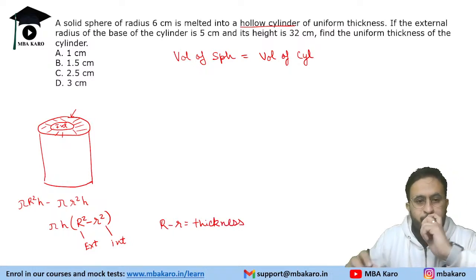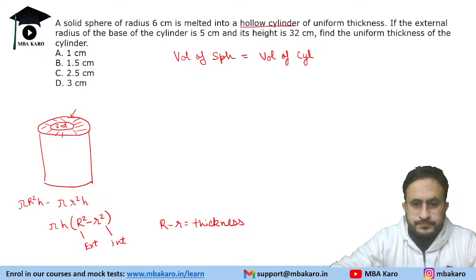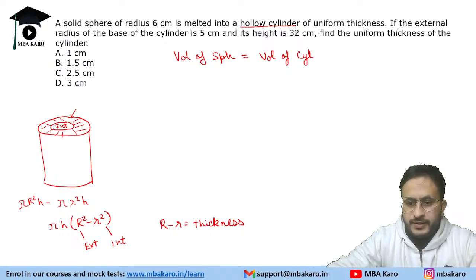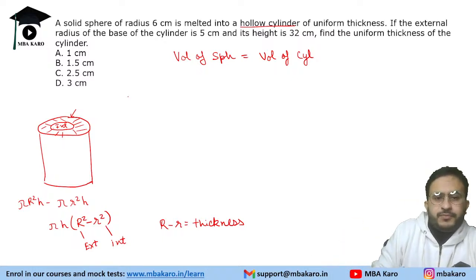Okay, so let's see this question. Right, so let's solve this problem. Volume of sphere is 4 by 3 pi r cube.